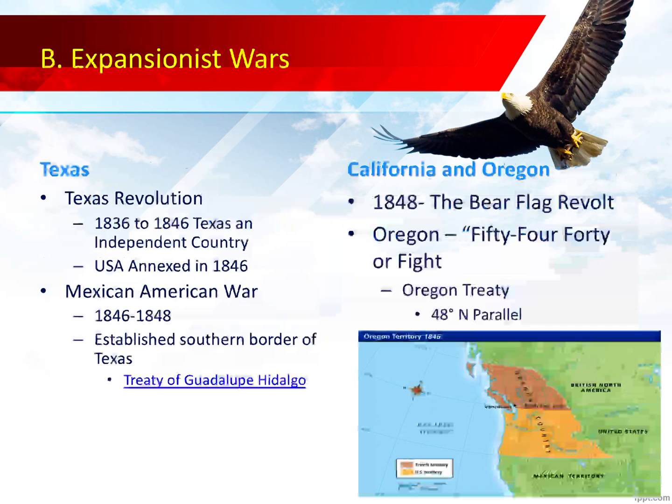But by 1846, Texas gets annexed and becomes an official state of the United States. There's just one little, small, huge problem: the southern border. Namely, where is it? The Republic of Texas argued that the southern border was the Rio Grande River.